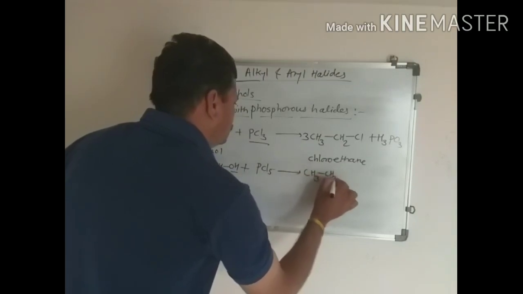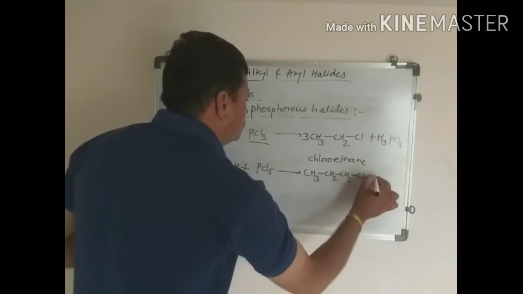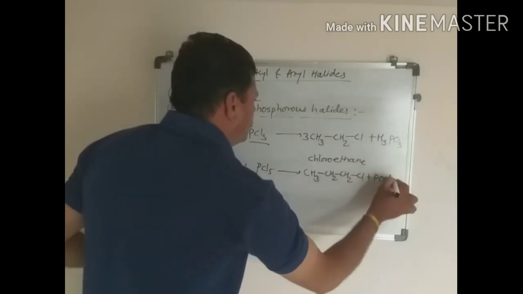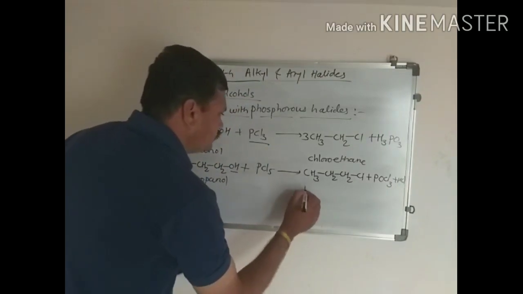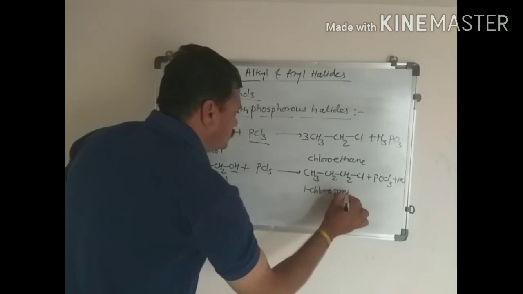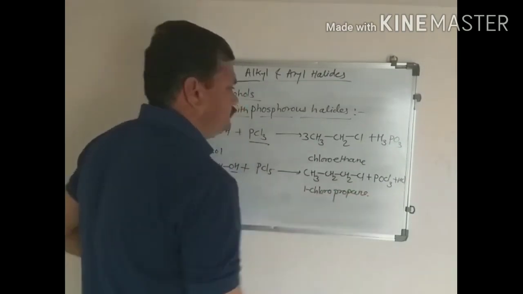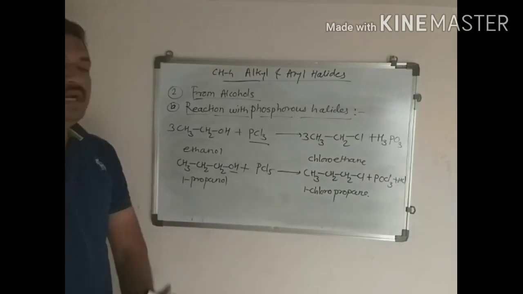CH3 CH2 CH2Cl plus POCl3 plus HCl. We get the product 1-chloropropane.